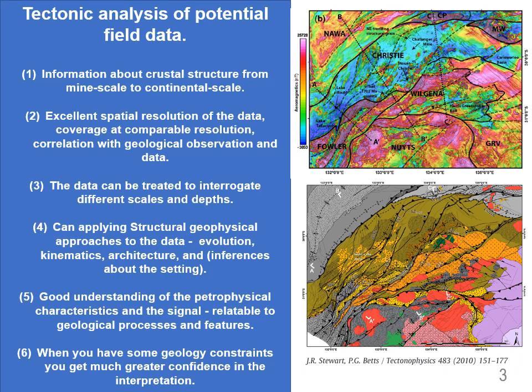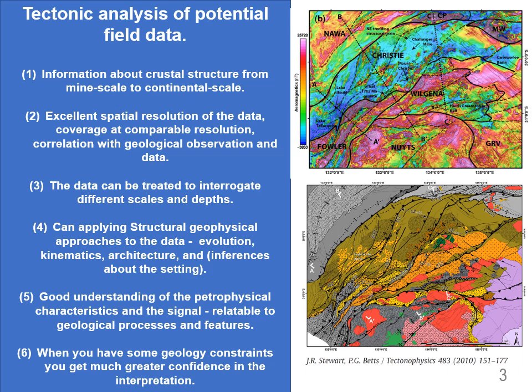One of the advantages of potential field data is that it has excellent petrophysical characteristics that are understood. And so there's an easy conversion between the observed geophysical data and what that might mean in terms of a geological process or a feature. And of course, if you add in geology into the equation, you get much greater confidence in the interpretation that you're getting.